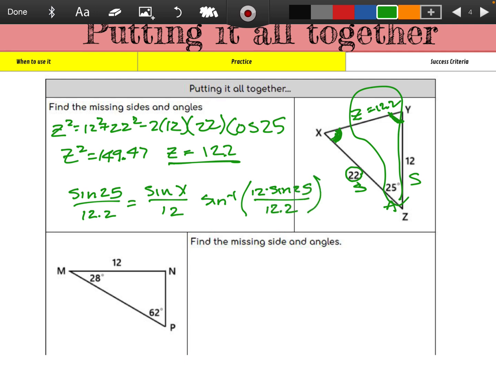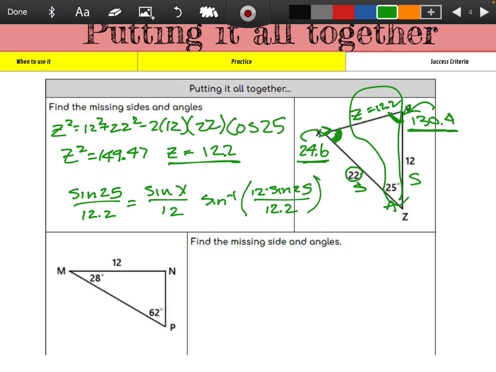Plug it in, and make sure we hit the inverse. I end up with x being about 24.6, which means I take 180 minus the two that I know, and then I get 130.4, which makes sense, and that's for this angle.